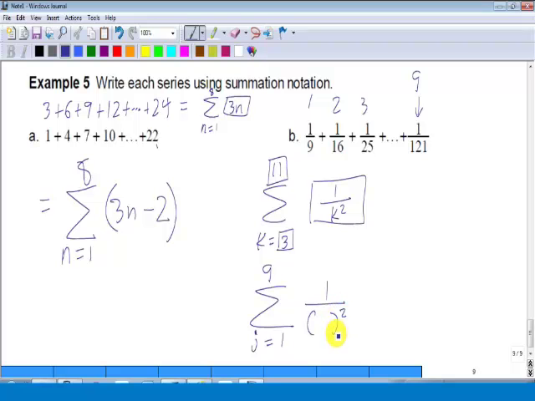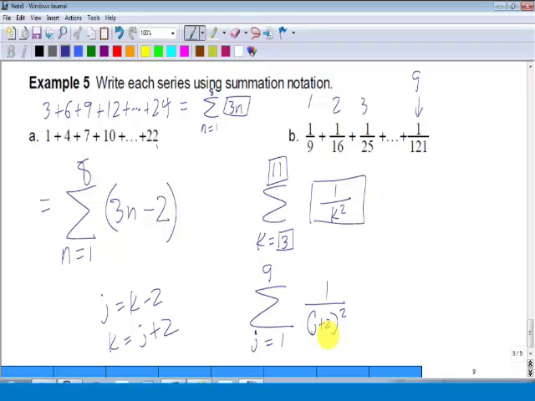Take the 1, add something maybe, square the result to get 9. Well, we just thought of this as a substitution. It looks like j is k minus 2. So I'm thinking k is j plus 2.